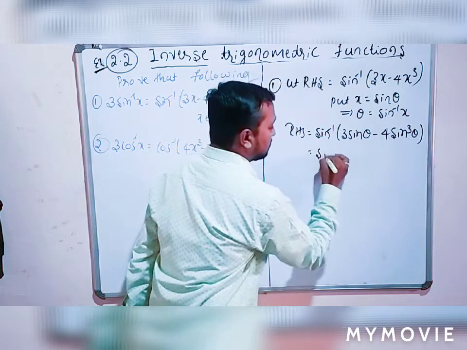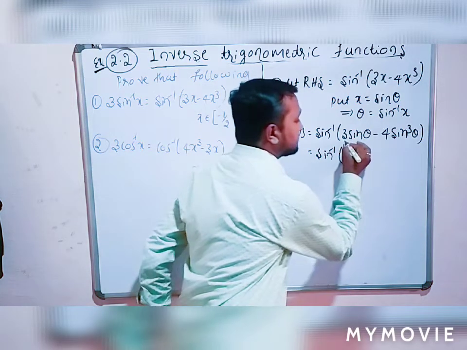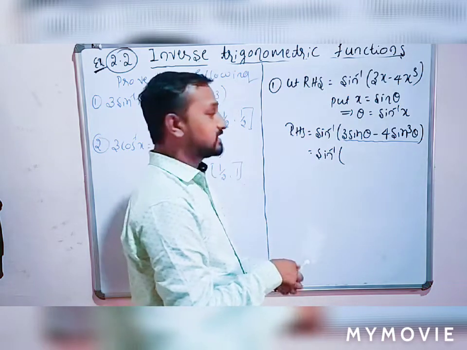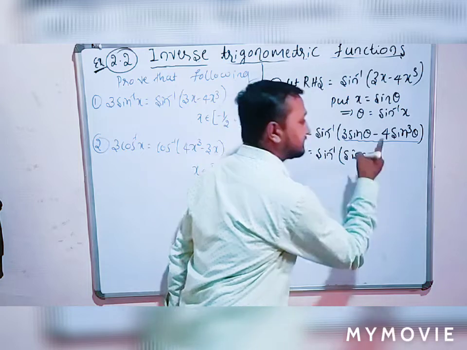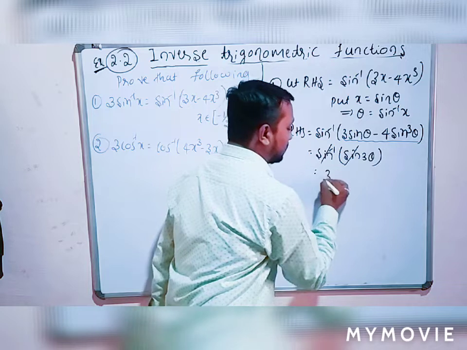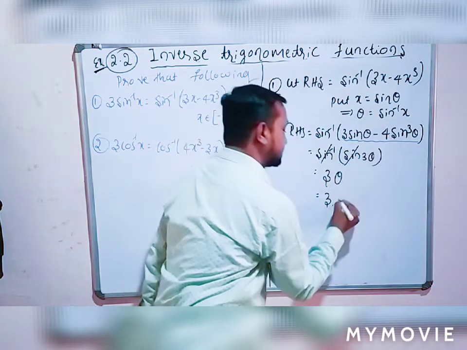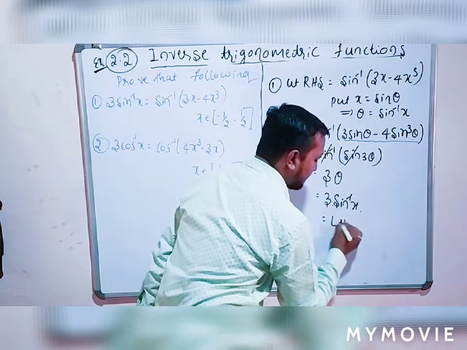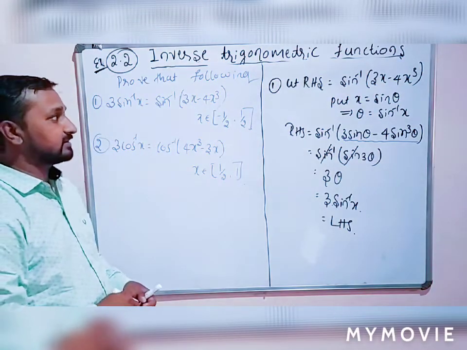This is nothing but our standard formula, sine 3 theta. Here sine inverse and sine get cancelled. Your answer is 3 into theta, and theta is nothing but sine inverse of x. So this is your LHS. Is that clear?